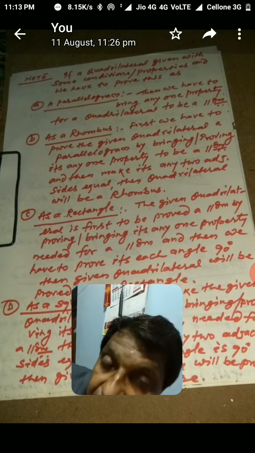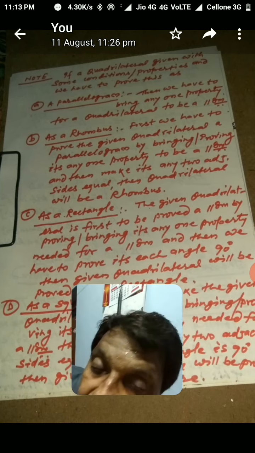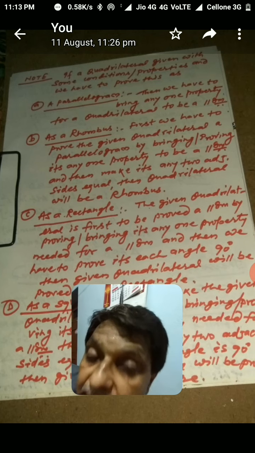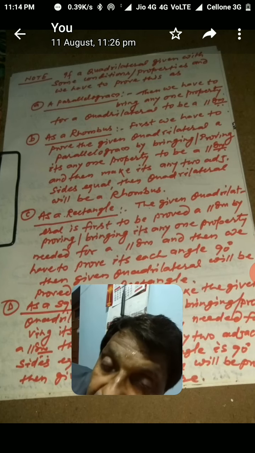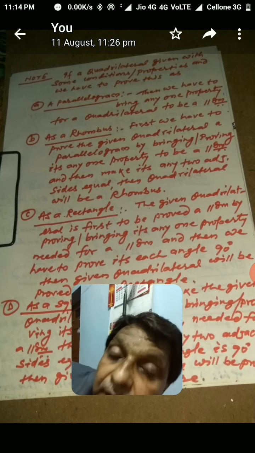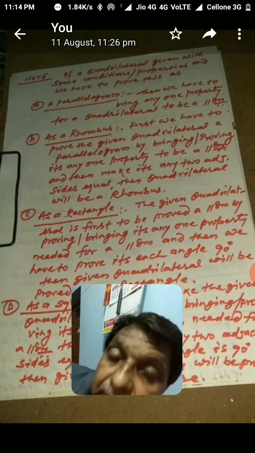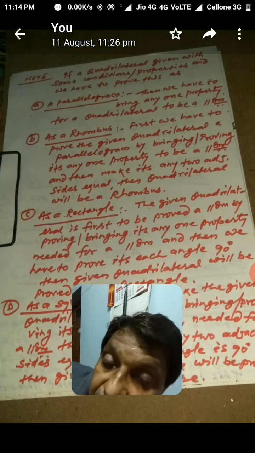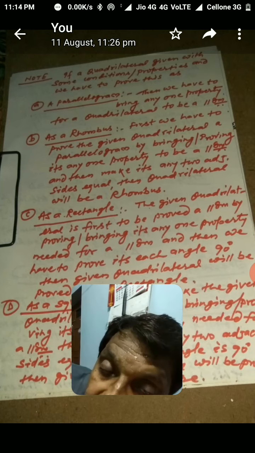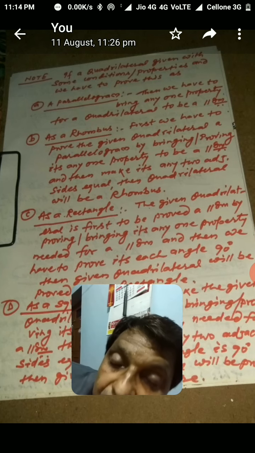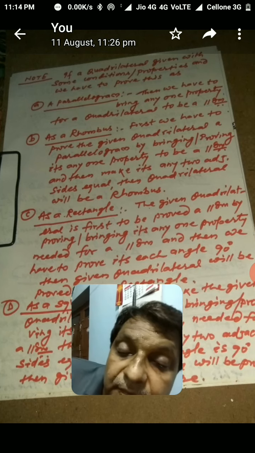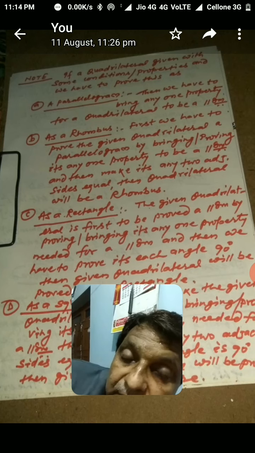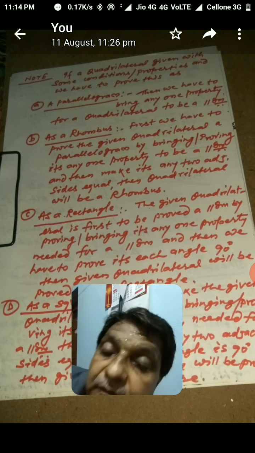And we have seen that a square is a quadrilateral which is a parallelogram with two adjacent sides equal and each angle 90 degrees. So if we fulfill all these three, the given quadrilateral is established as a parallelogram, then its two adjacent sides are equal, then its each angle is 90 degrees. Finally, on the basis of the results obtained in these three parts, we can say that it shows the properties of a square. So the given quadrilateral is a square.